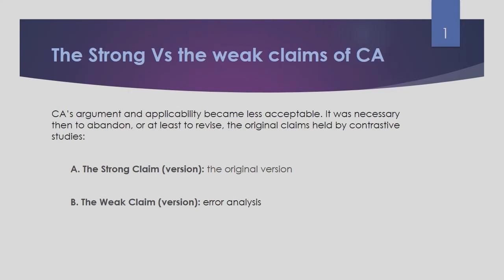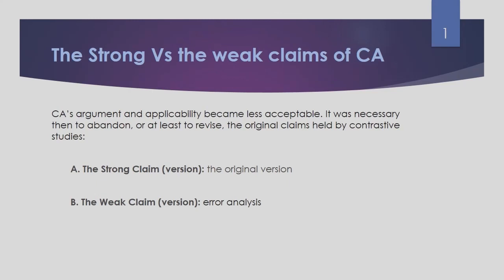It is originally the one provided by Lado. It highlights, as has already been explained, the prediction of second language learning problems on the basis of linguistic differences between the mother tongue and the second language. In this version, all errors can be predicted by comparing languages, and all difficulties are caused by L1 interference.